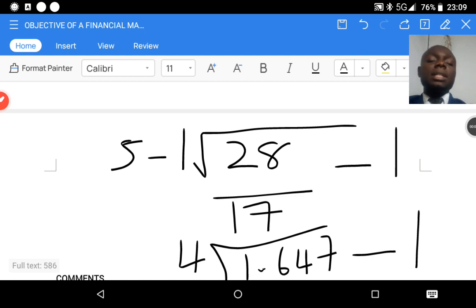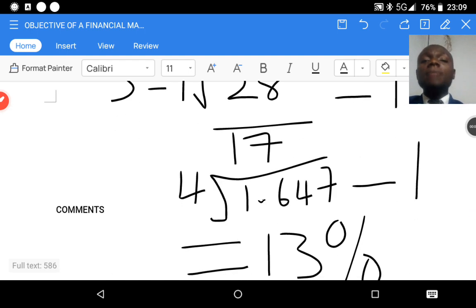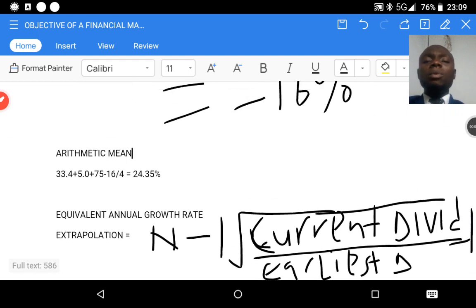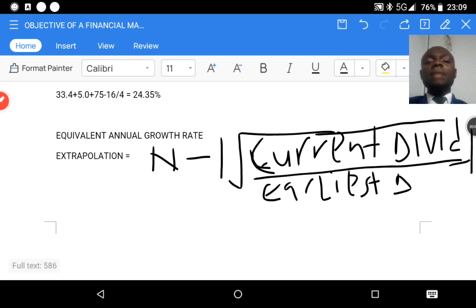Now 28 divided by 17, where 28 is the current dividend and 17 is the earliest dividend, to the power of 1 over 4, the fourth root, minus 1. So we have 13%. This is how to determine the equivalent annual growth rate.